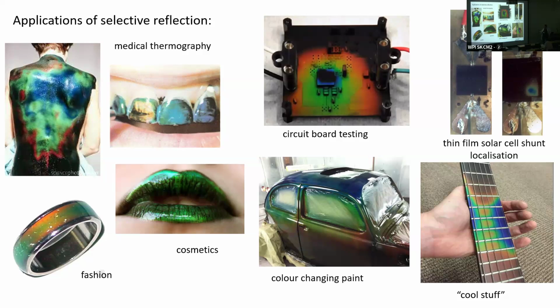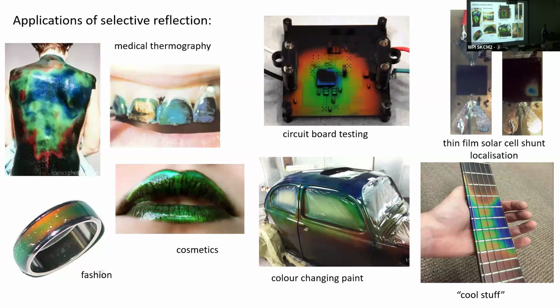It's used in cosmetics, fashion, these mood rings that change color depending on your mood. I don't know if this is popular here, these car paints that change color when they pass by.